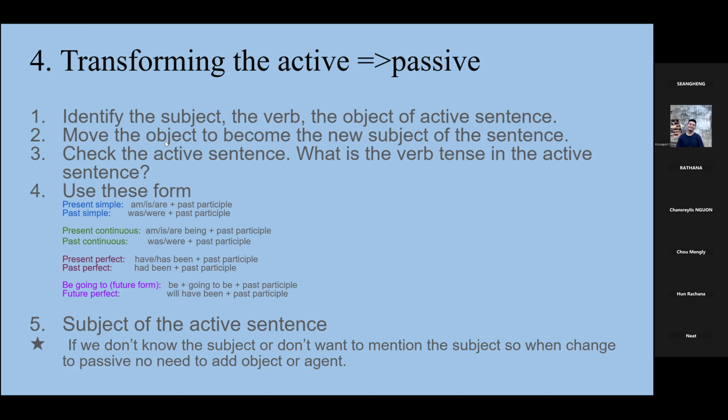Second, move the object to become the new subject of the sentence. Number 3, check the active sentence: what is the verb tense in the active sentence? Number 4, use this form to change the verb tense. Number 5, the subject of the active sentence.